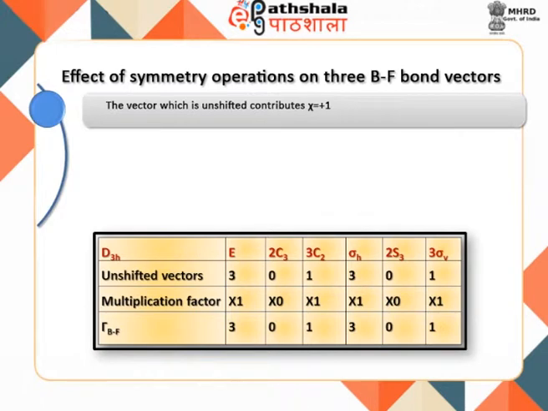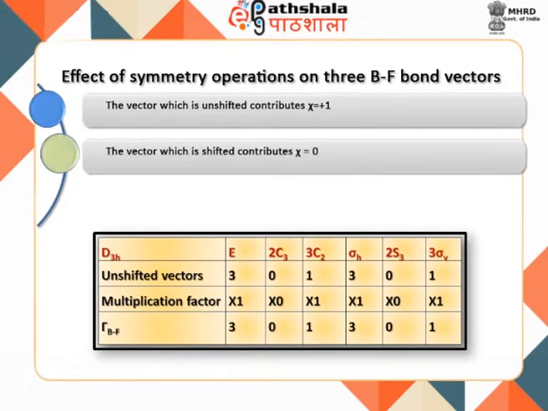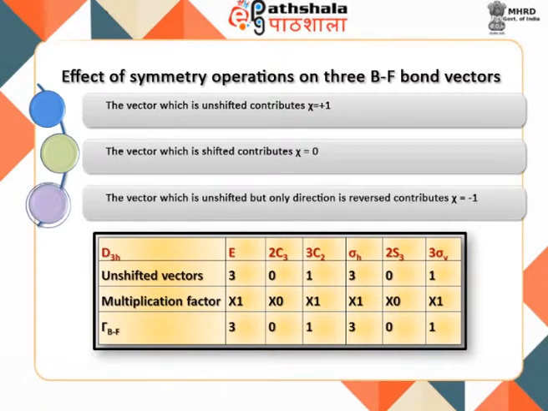The vector which is unshifted contributes character +1. The vector which is shifted contributes character 0. The vector which is unshifted but only its direction is reversed contributes character -1.